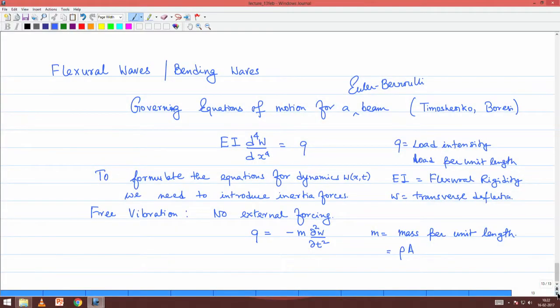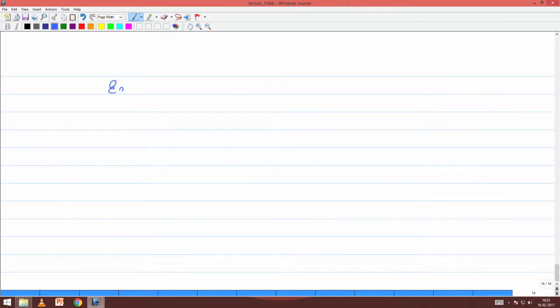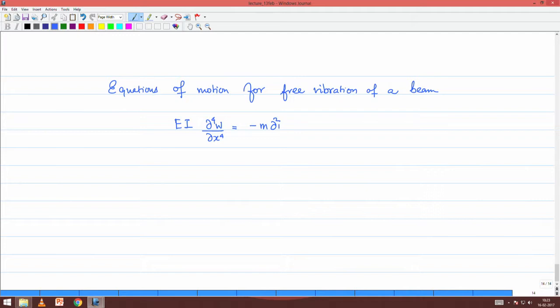So, with that, the equation of motion for free vibration of a beam is given as EI del^4 w/del x^4, and I am changing to partial derivatives from the ordinary derivatives, equals minus m del^2 w/del t^2, right. There is no other forcing that we are interested in other than the inertia forces.